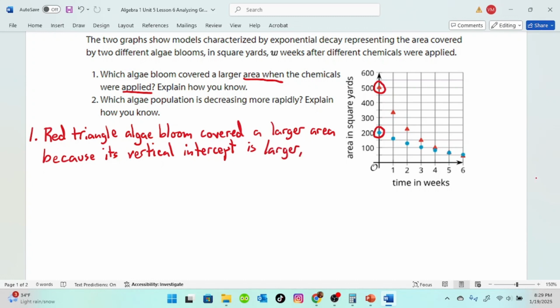And I'll go ahead and put 500 square yards is greater than 200 square yards.